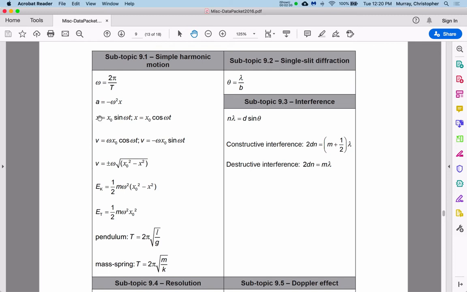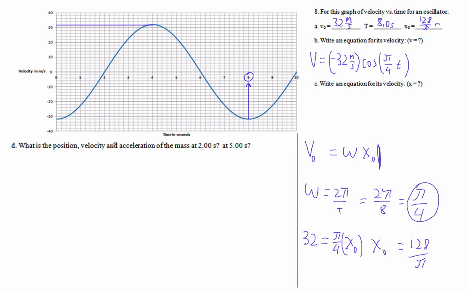Now for our x, we know that if v is positive cos, then x is positive sine. So if v is negative cos, x will be negative sine. So let's figure that out. An equation for, oh, this is not velocity, this is position. So x is going to be negative something sine omega t.